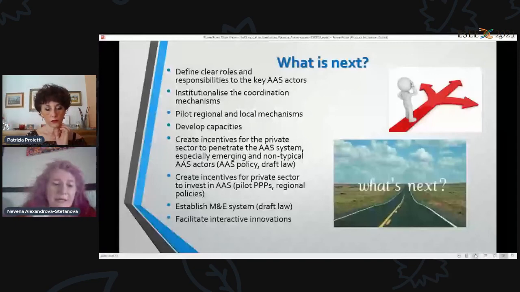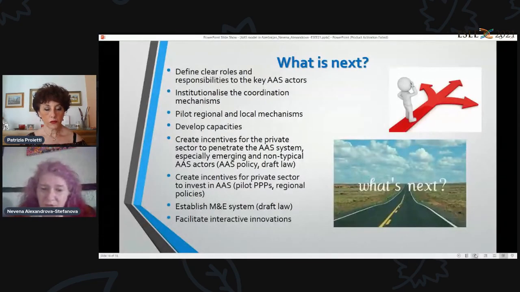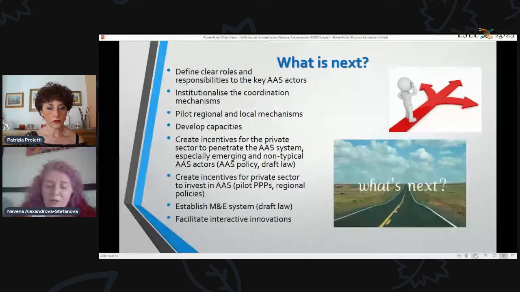We develop capacities, as I said, at policy, institutional, and also personal level. We create incentives for the private sector to penetrate the agricultural advisory services system, especially those actors that are emerging or not typical, for instance the digital extension actors, women groups, and youth groups.